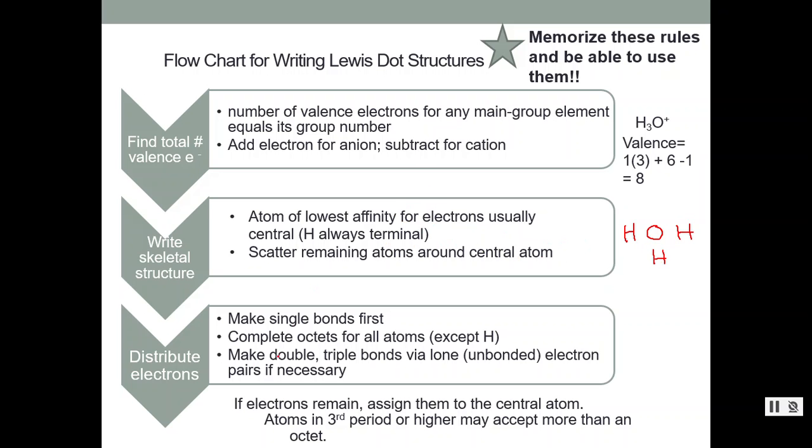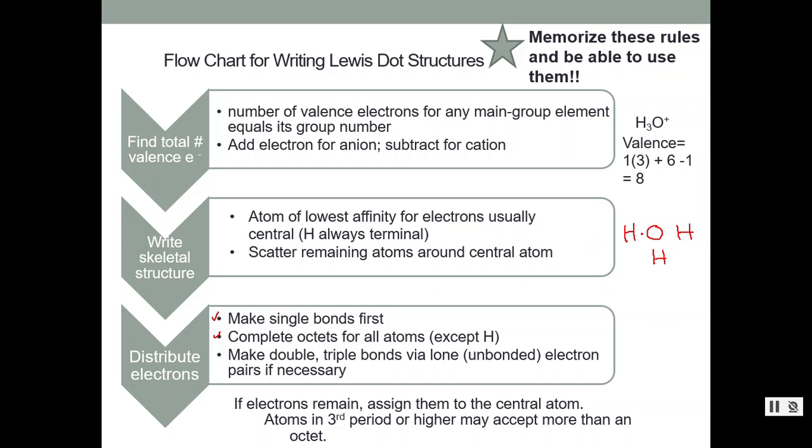Now is step 3, distribute the electrons, specifically the valence electrons that you calculated in step 1. And so when distributing your valence electrons, it's important that you do them in the order that is listed here, which is first, make single bonds. And specifically, make single bonds from your central atom to your outer atom.